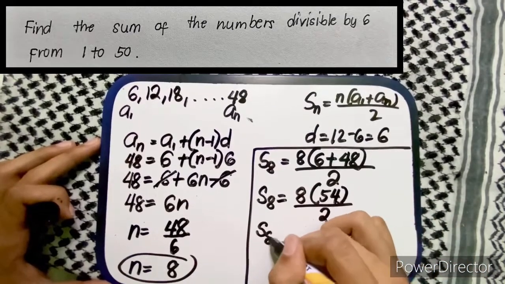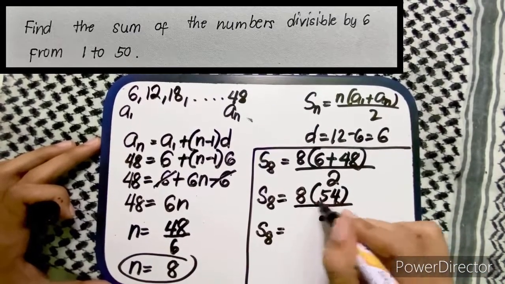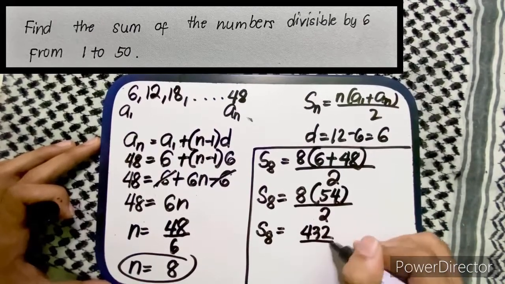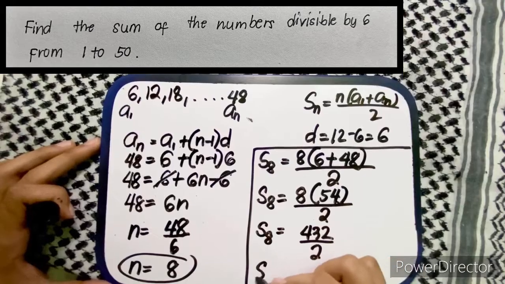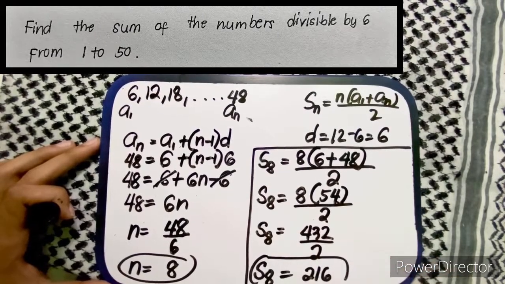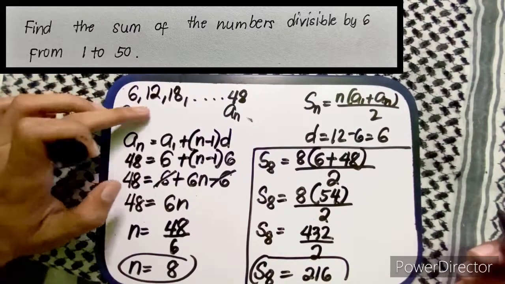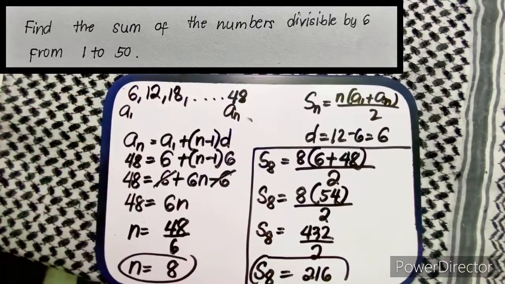So s sub 8 equals 8 times 54, that is 432 over 2. Then s sub 8 equals 216. So therefore, the sum is 216. So it is the sum of the sequence 6, 12, 18 until 48.